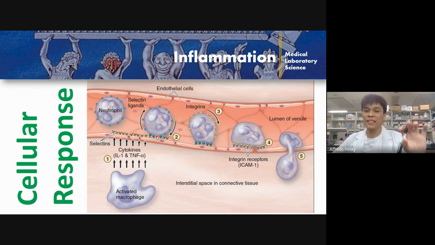Normally, there are selectins on endothelial cells, but only a few, class. Okay, when we have expression of your selectins, it means that there's something wrong on the vascular level.